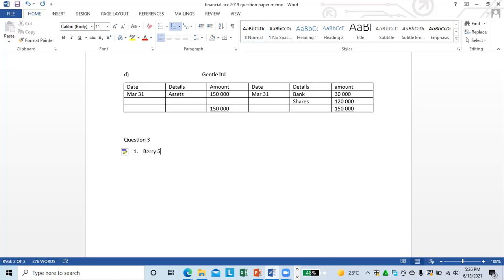Barry currently has 50%, and you are told he sold 1/5 of his interest. So 50% multiplied by 1/5.